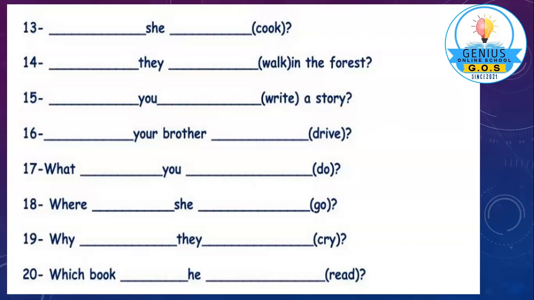We will make a question, a yes, no question, with the verb cook. Yes or no question? Is she cooking? Excellent. Is here at the beginning, the auxiliary verb, then cooking here.